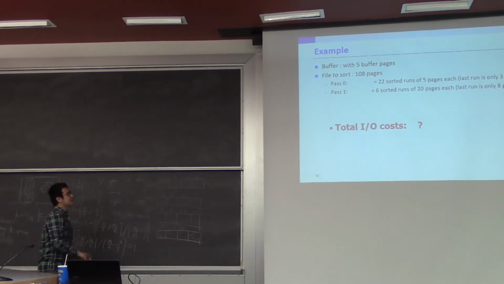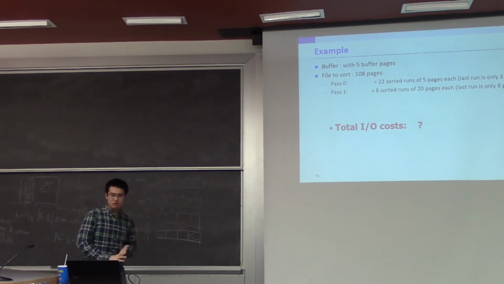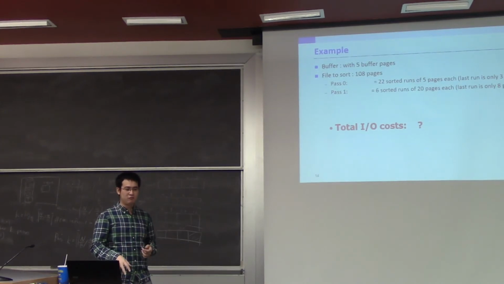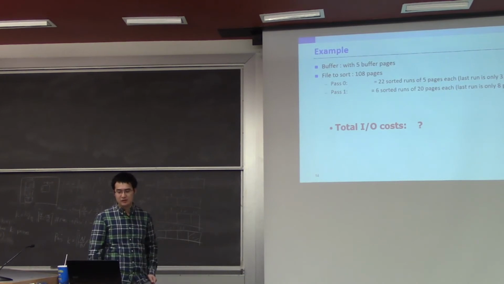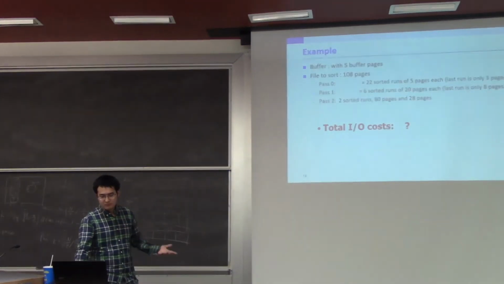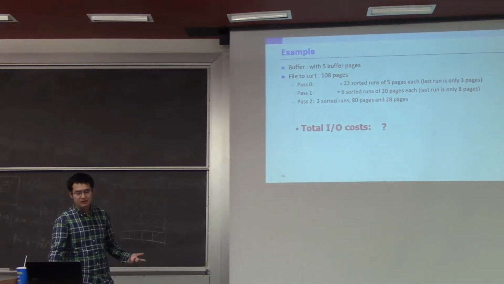Okay. So that's 6 runs, and each run will have 20 pages because you merge 4 runs of 5 pages each. The last one will only have 8 pages, right? And for pass 2, you can merge 4 runs from the previous pass.